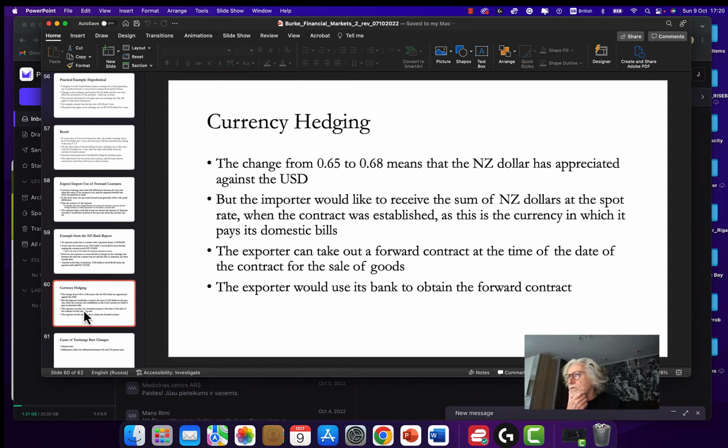Now, this is going to cost the New Zealand exporter money. It has to pay for the currency forward contract, any commissions or fees, but the bank will arrange it through the foreign exchange market. There's always counterparties that will take on the risk of currencies appreciating or depreciating against one another.